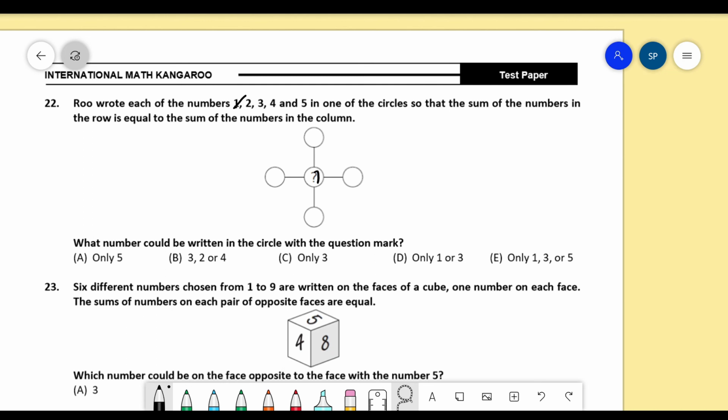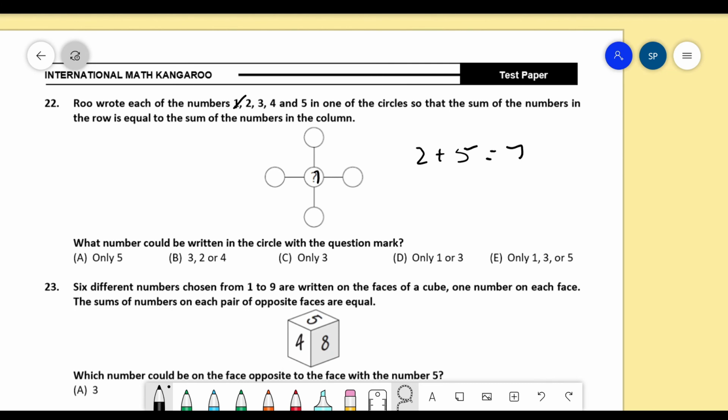Instead of putting them in here and swapping them all the time, a simple way is to take 2 and add it with something like 5. 2 plus 5 equals 7.